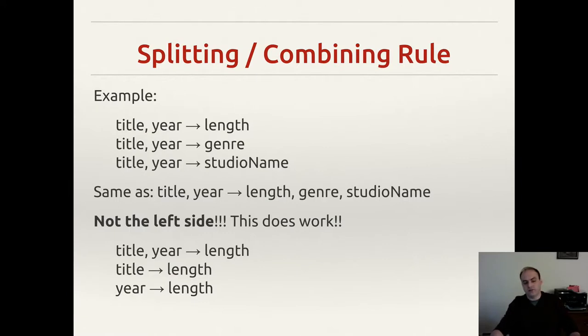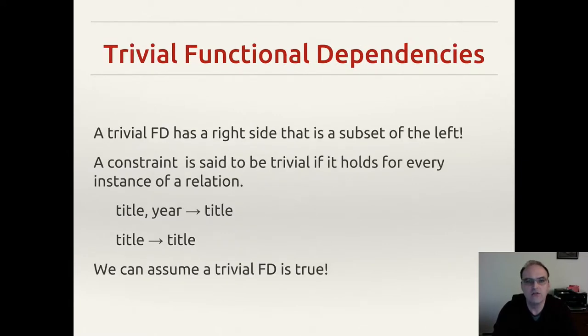The first one is definitely not true, but it's a little bit more circumspect to argue based upon what makes a movie unique, which is something we're going to discuss at length coming up in future talks. But for now, we're going with title and year because that's what we're doing here, and title alone is not enough to determine length. So let's now talk about a trivial functional dependency versus a non-trivial or completely non-trivial one.